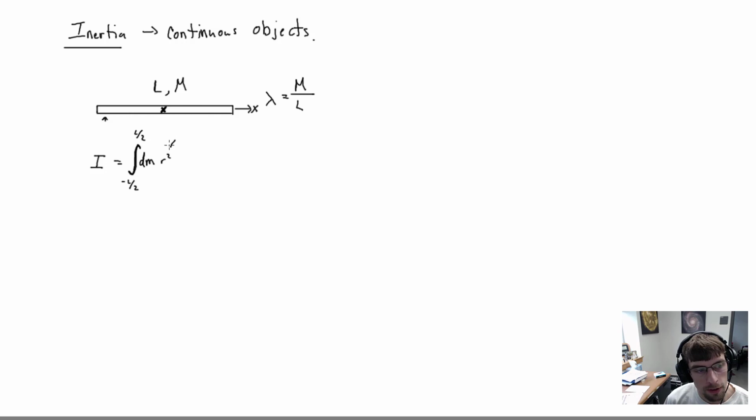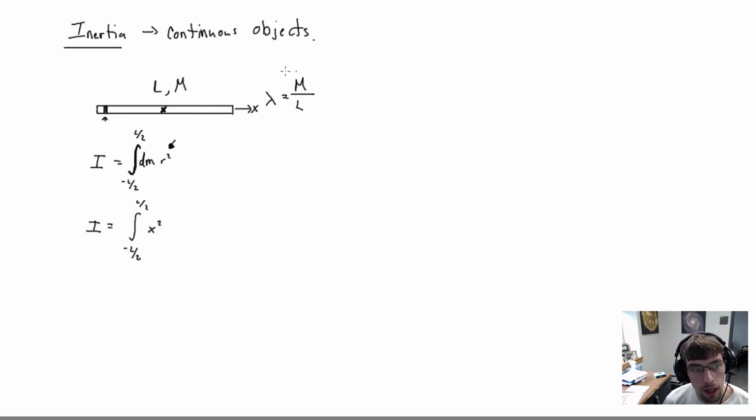Furthermore, because it's a 1D object, my r is just going to become x. So let me rewrite this. I'll have something like I is equal to the integral from negative L over 2 to positive L over 2 of x squared. And now I need to come up with an expression for this little infinitesimal chunk of mass that I've called dm.